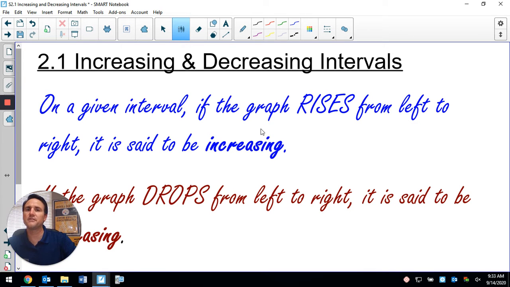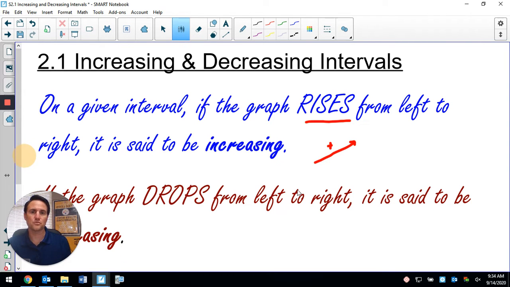All right, so on a given interval, if a graph rises from the left to the right, it's said to be increasing. So something like this, a line with a positive slope, rising, that is an increasing interval. On the other hand, if the graph drops from the left to the right, it's said to be decreasing.